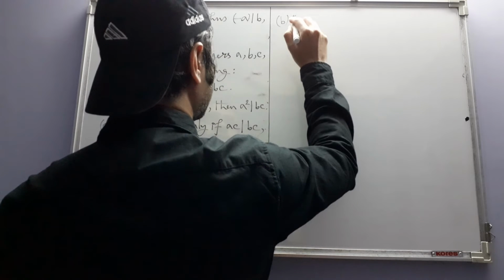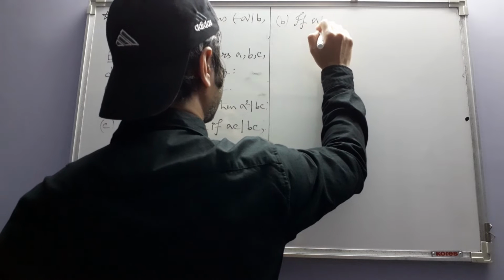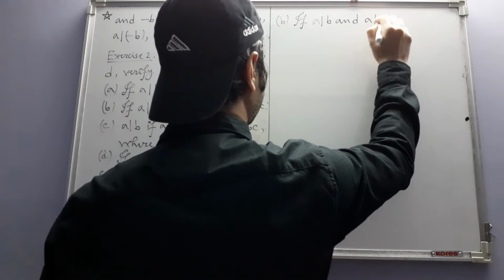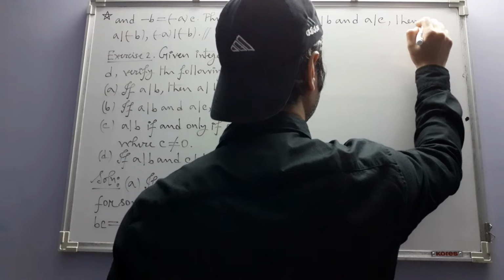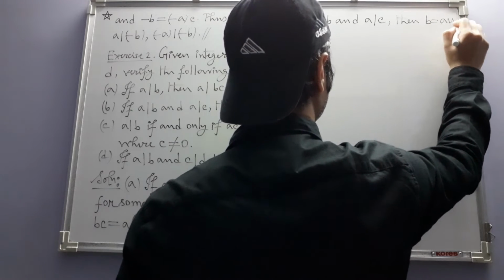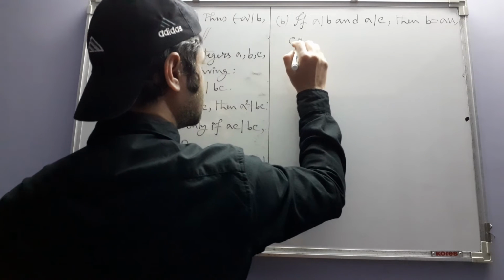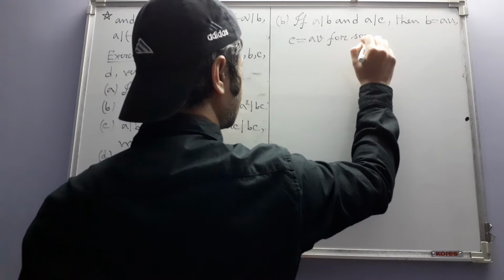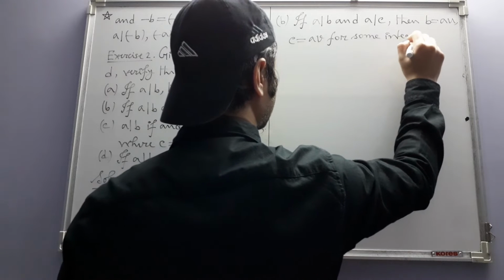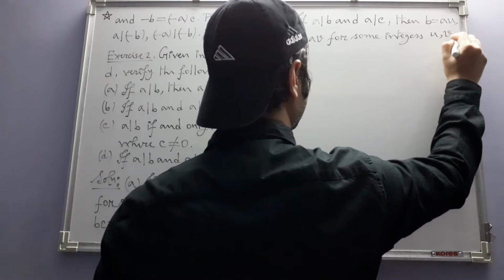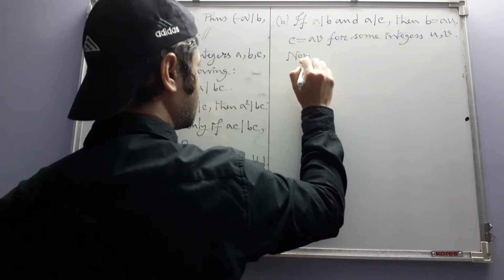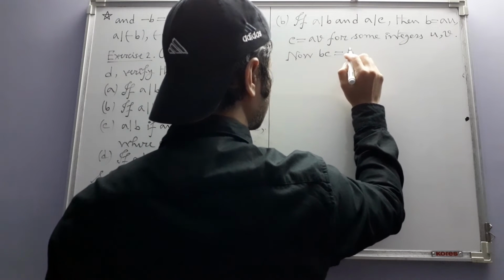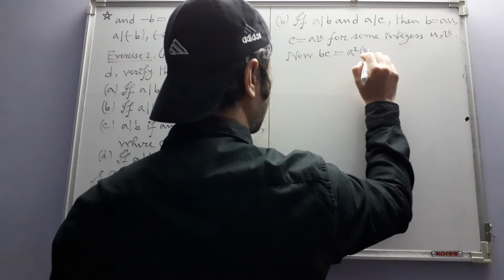Anyway, moving on. If A divides B and A divides C, then B is equal to AU and C is equal to AV for some integers U and V. Now BC, if you multiply these two equations together, you will get BC equal to A square times UV.